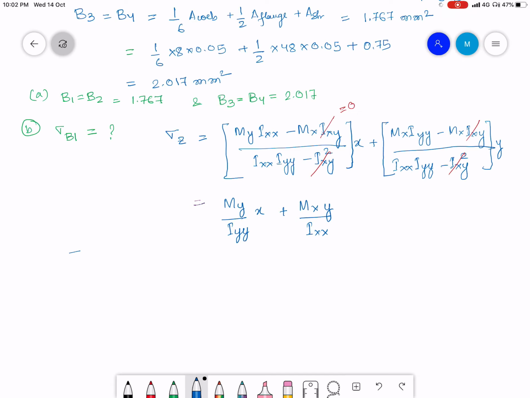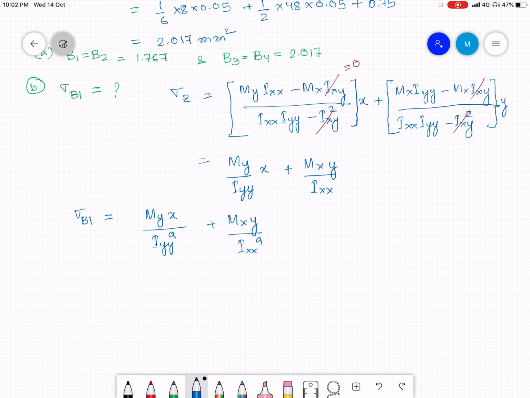So sigma B1 is going to be My x by Iyy of A plus Mx y by Ixx A.